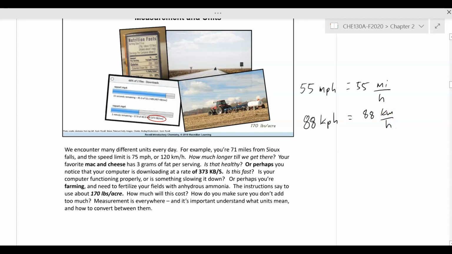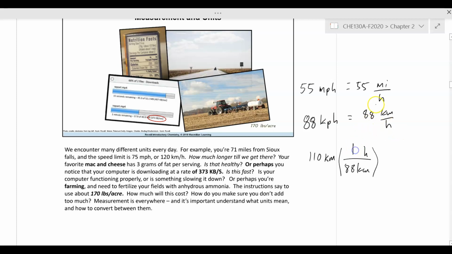So this is a case where we've got units that are related by a mathematical relationship, and we're going to manipulate these units mathematically. Let's say I want to go 110 kilometers away, and I can go 88 kilometers per hour. I want to figure out how long that will take. I could put 88 kilometers down here. How many hours does it take me to go 88 kilometers?